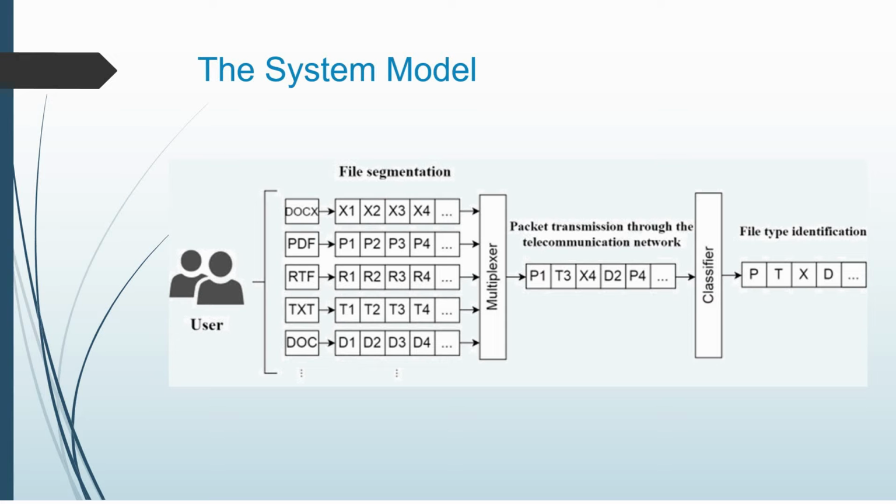For classification, a supervised machine learning method is applied on statistical features extracted from fragments. One of the main challenges in supervised machine learning is to provide comprehensive data sets. This problem is investigated in this paper.